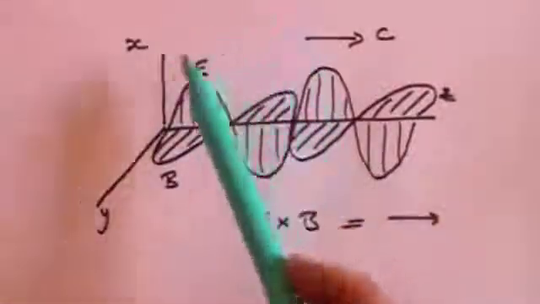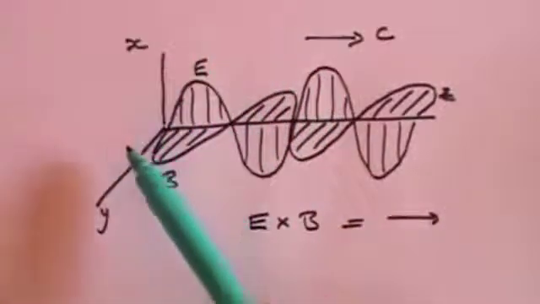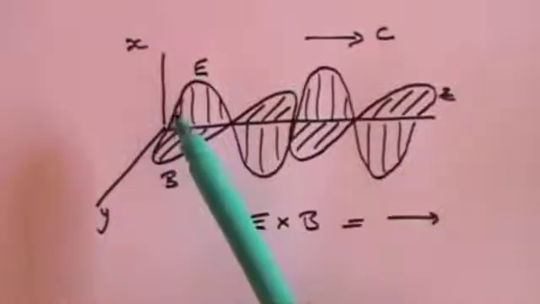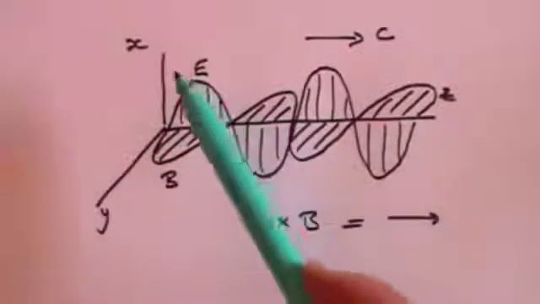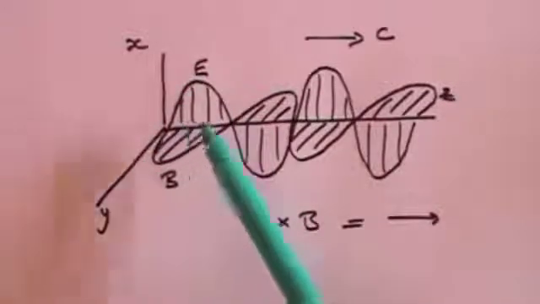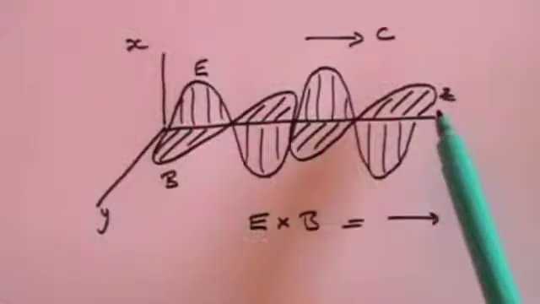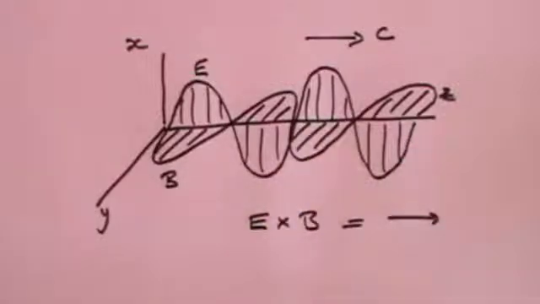If the E vector turns in the direction of the B vector, then that will cause the corkscrew to go inwards. So E cross B causes the corkscrew to go inwards. That's the direction of travel. So always draw the electromagnetic wave in that way. That will be critical to some of the things that we will be coming to later.